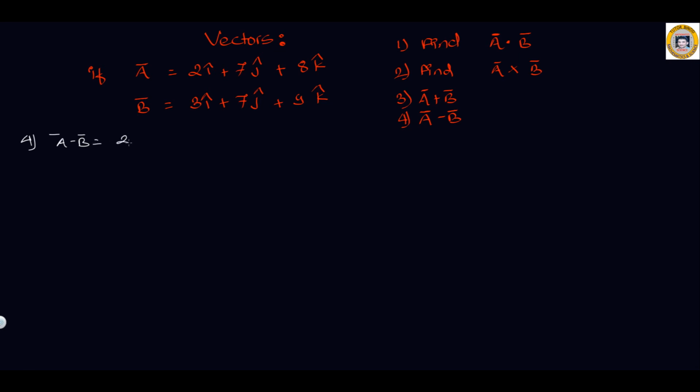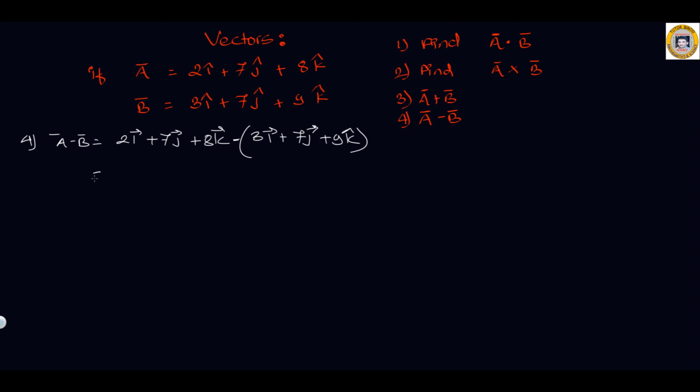Let me write a as it is, 2i plus 7j plus 8k minus 3i plus 7j plus 9k. I need to subtract this vector. You can use either the horizontal arrow or the cap. Usually people will put a cap because it's a unit vector, but if you put the horizontal arrow on top of the vector, it's completely fine.